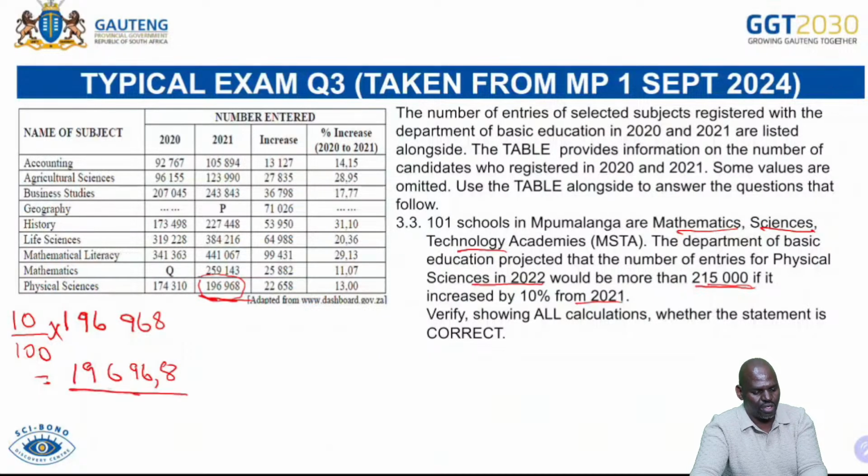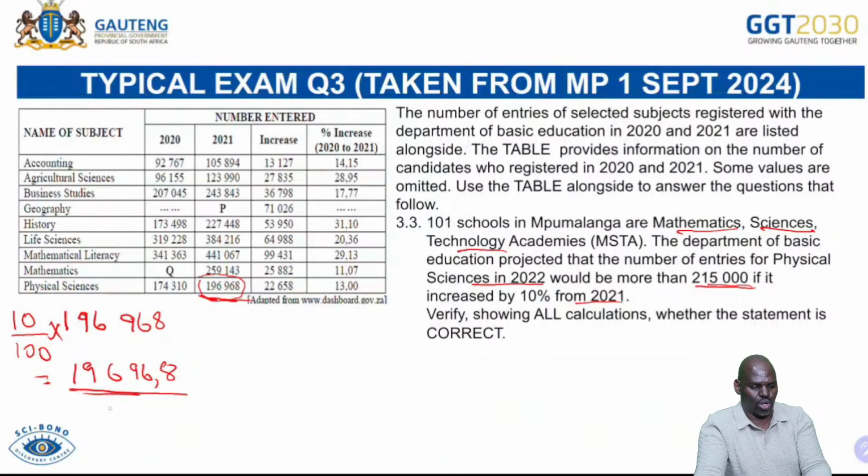So I'm getting 19,696.8. So it means the number is going to increase by 19,696.8, because we know that this is the number of people. We shouldn't worry about the decimal. We'll worry about the decimal when we get to the final answer.